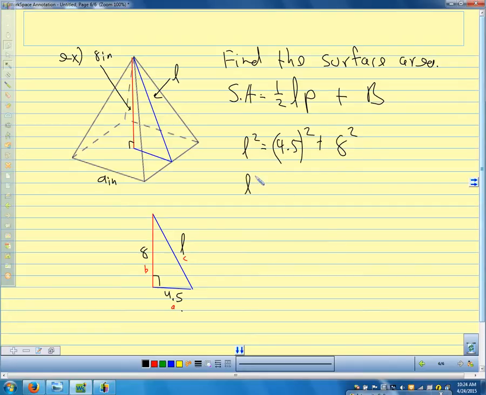So L squared equals 20.25 when we square that, plus 64. L squared equals 84.25. What do we do to find L now? Get rid of that square. So L equals, when I take square root, I get 9.18.